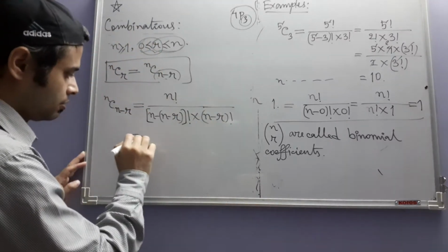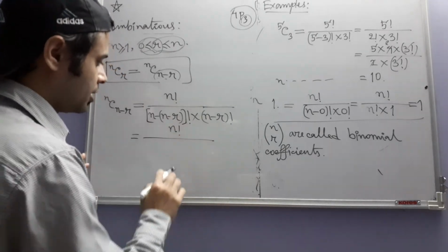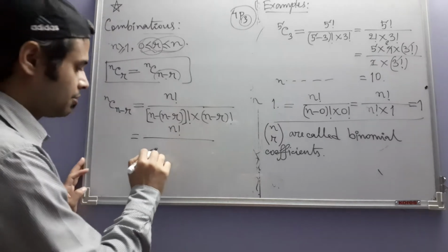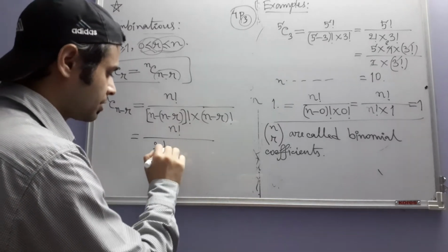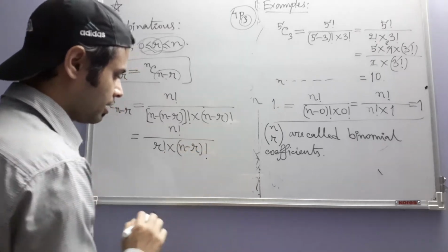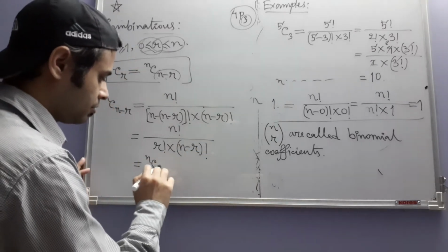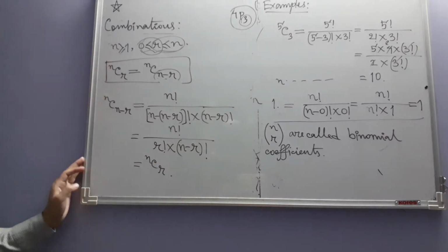And what does it give me? n factorial divided by (n minus r) factorial times r factorial, and if you look closely, it is nothing but nCr. So this is just the derivation of this simple formula.